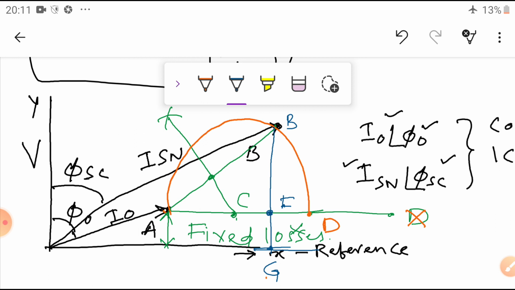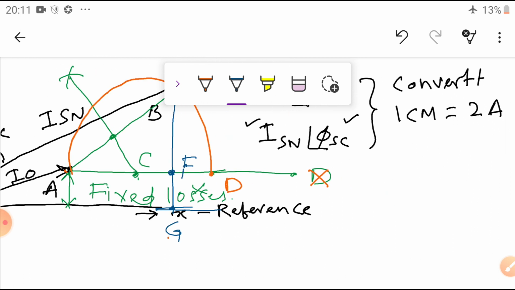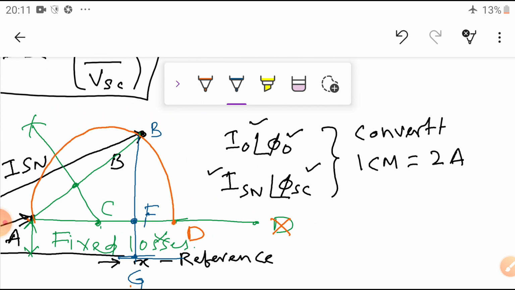Now FG is the fixed losses, that is the core losses, and BF is the copper losses. So BF is the total copper losses, equal to rotor copper loss plus stator copper loss.